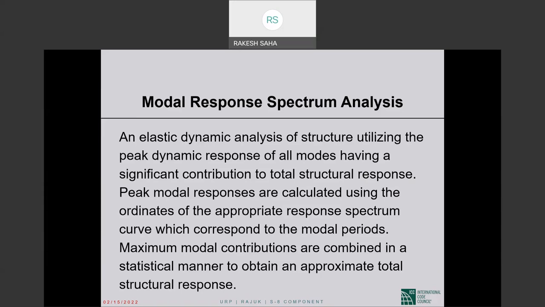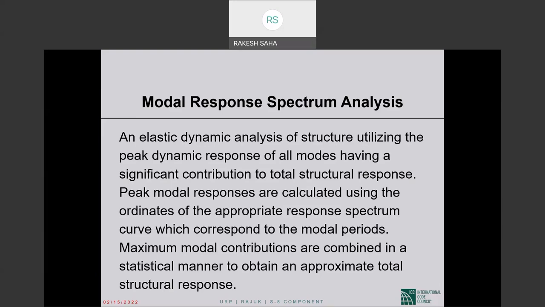So this is another very important thing. The first mode will not hit its peak at precisely the same instant that the second mode hits its peak. So these modal maxima don't occur all at the same time. So we cannot just add the modal maxima. If we do, it will be an overestimate of response.